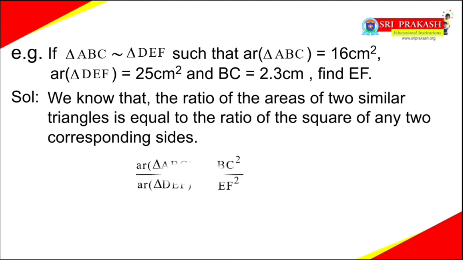So area of triangle ABC by area of triangle DEF is equal to BC square by EF square. Now let us substitute the values. Then we get 16 by 25 is equal to 2.3 square by EF square.